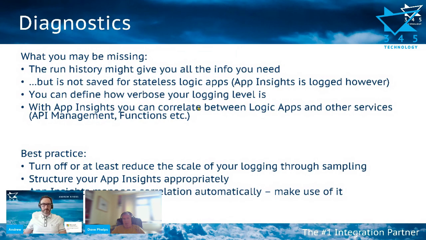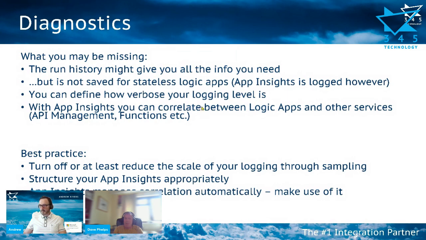And that's where App Insights is particularly useful, because it has built-in correlation that would flow, for example, from API Management through to your Logic App and then through to a function over a queue. And we'll give this demo later on.